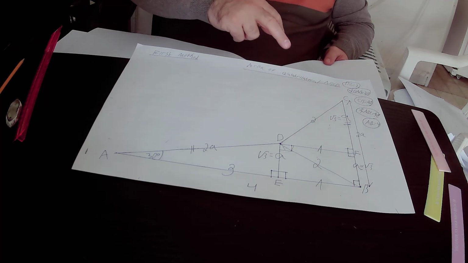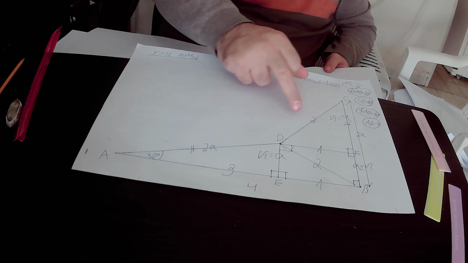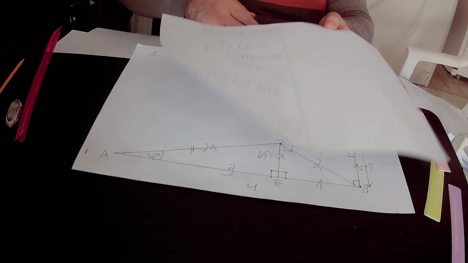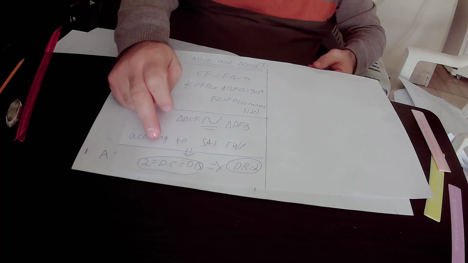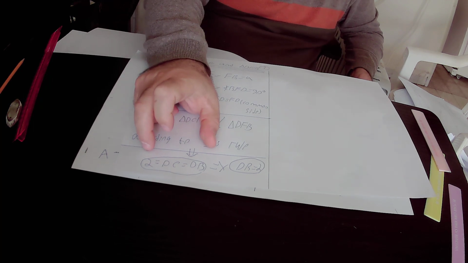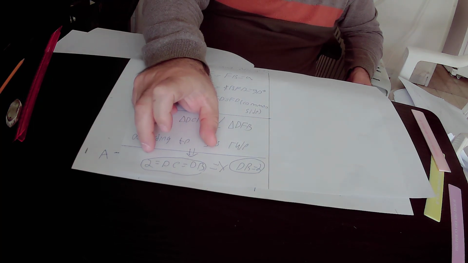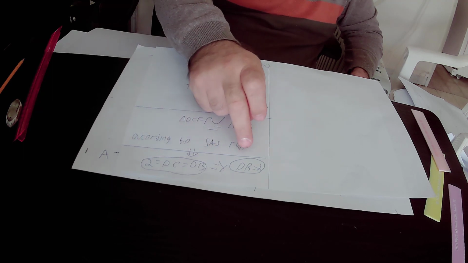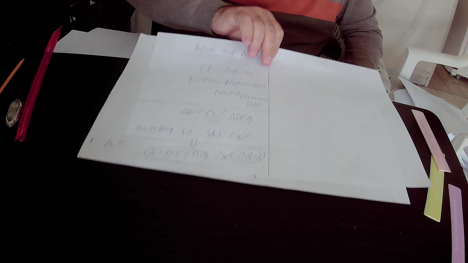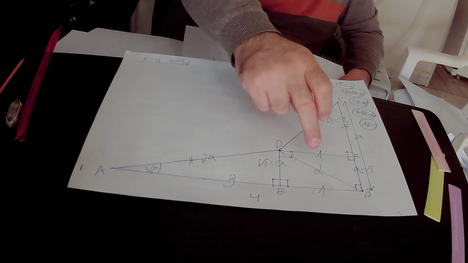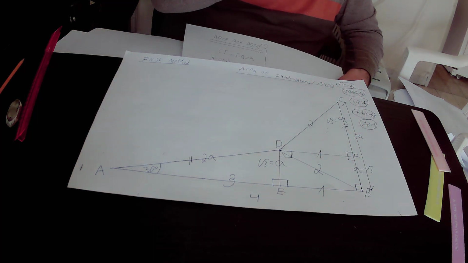But it is given in the question that CD equals 2 units. So from this, we derive that BD, or DB, also equals 2 units.